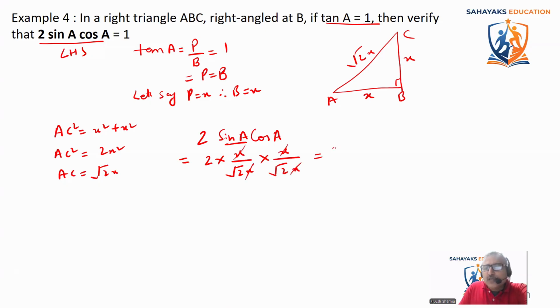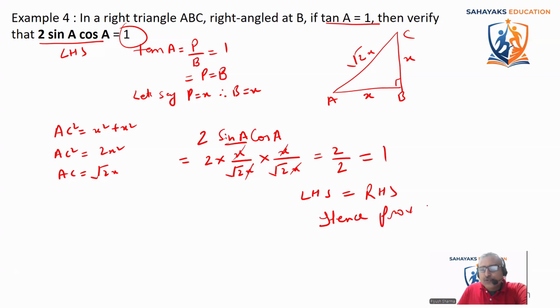So it becomes 2 divided by root 2 multiplied by root 2, which is 2 over 2, and that becomes 1. So LHS is equal to RHS. RHS is given as 1. Hence proved.